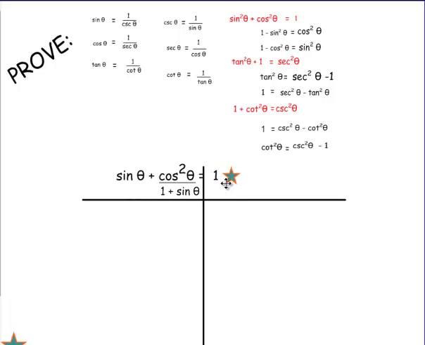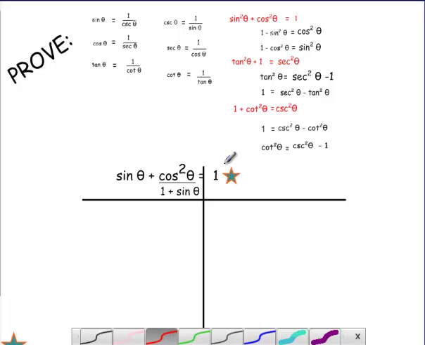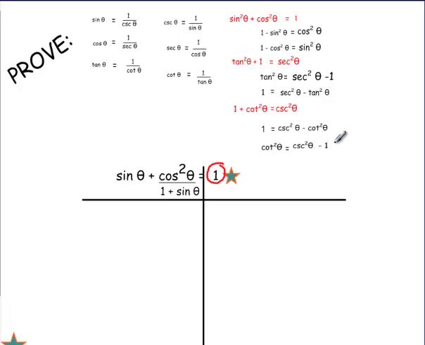Let's try another proof. I've got a lot of things I can do here. See this number 1? This number 1 shows up a lot. Over here, over here, over here. So it's just a case of, which one do I want to play with? Well, I see a cosine squared, and I see a cosine squared over here.